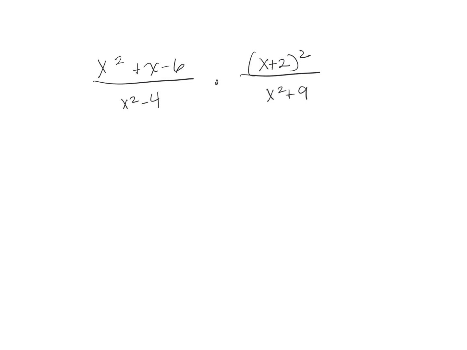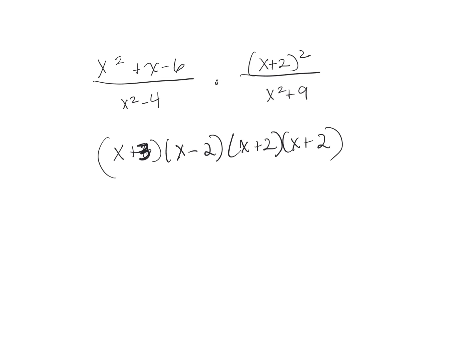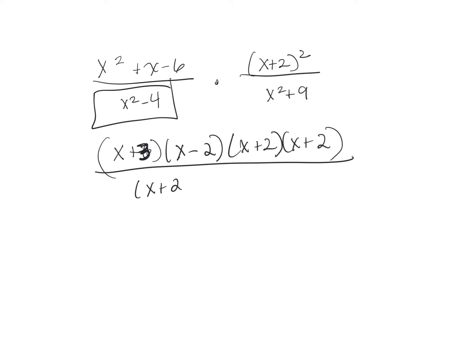And this guy will factor. This is x plus 6, no, x plus 3 and x minus 2. Over here we have x plus 2, x plus 2. This guy is the difference of two squares, which is x plus 2, x minus 2.